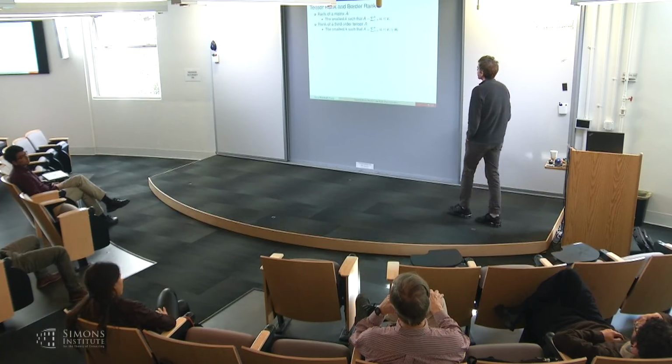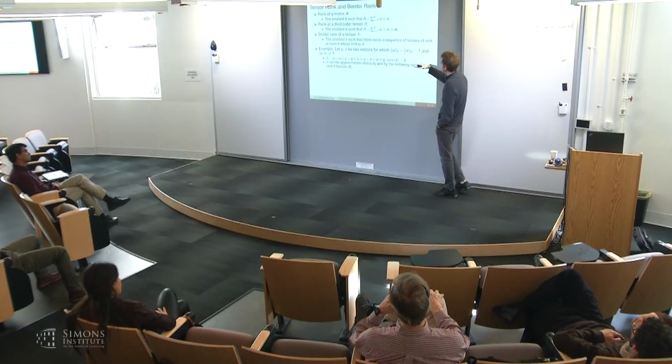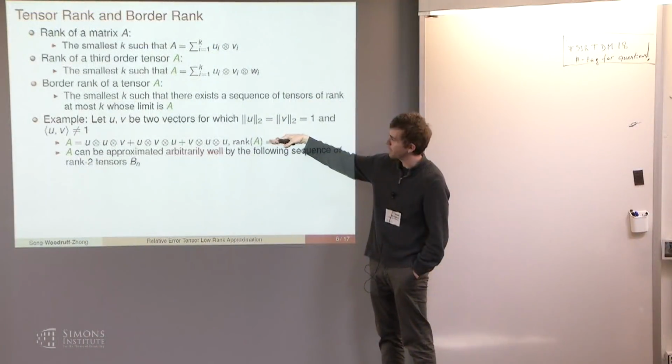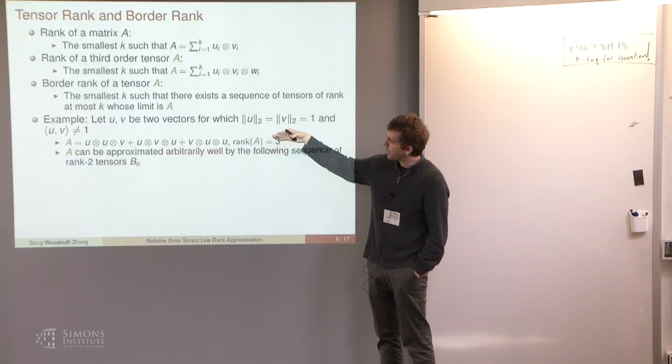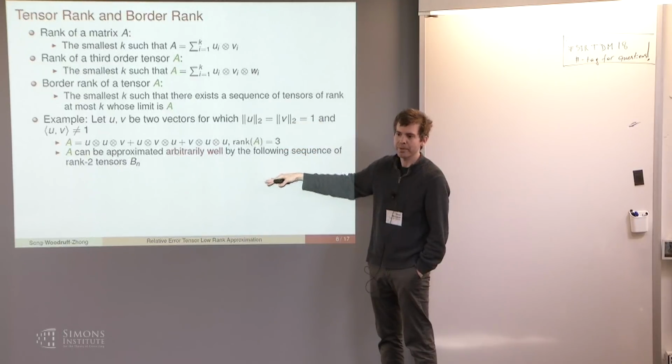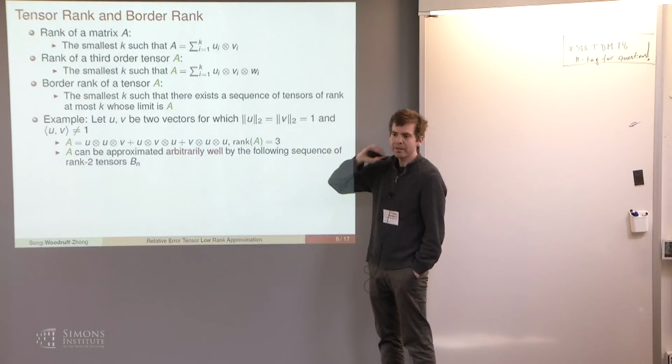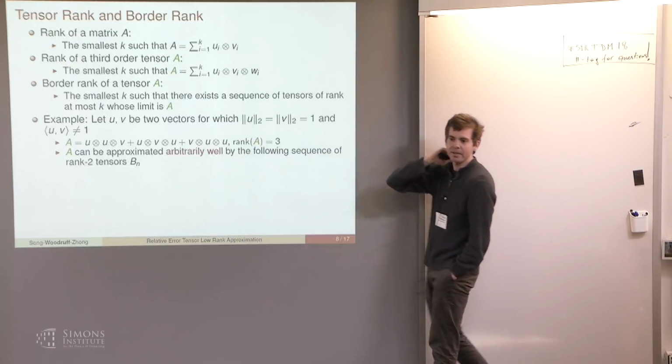One thing about this is that border rank is not just rank versus rank minus 1. This can be rank versus anything less than rank. You could have something which is rank k, and the border rank could be like 2 or something. And then I think there would still be problems. But let me think about that.